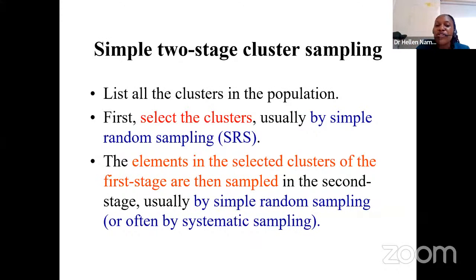Then from within that cluster you can further go and sample. Maybe if you've got 10 clusters, you can do simple random sampling and pick 3 among the 10 clusters to be considered in your study.